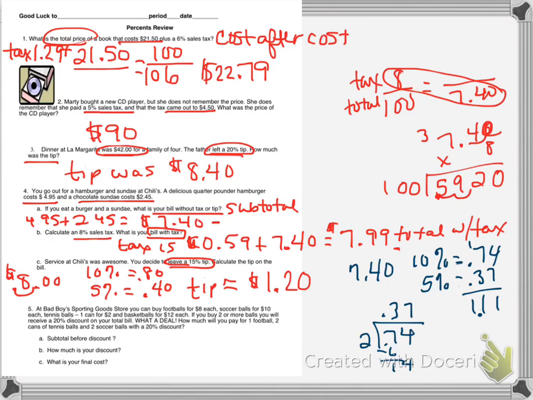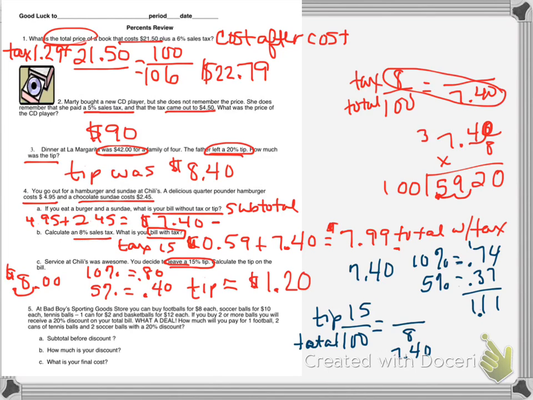You could also, on this particular problem, make a percent proportion if you prefer, right? Calculate the tip, so you could say the tip is 15 out of the total is 100. And then you could put your $8 here, you could put your $7.40, whichever you prefer, and cross multiply and divide like we've done on some of the other problems.